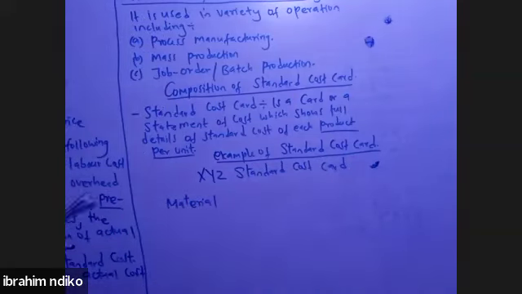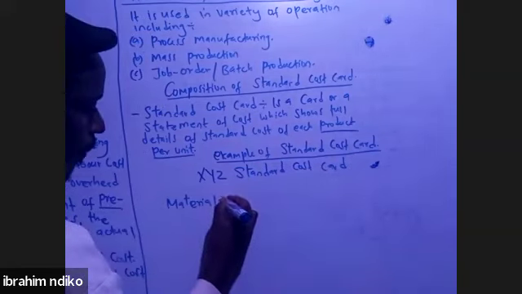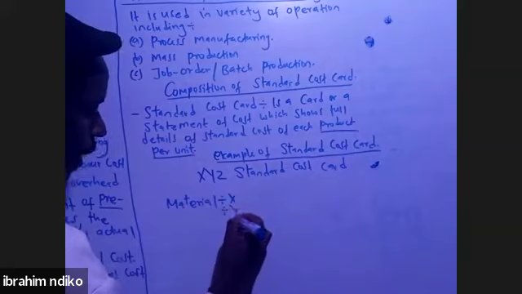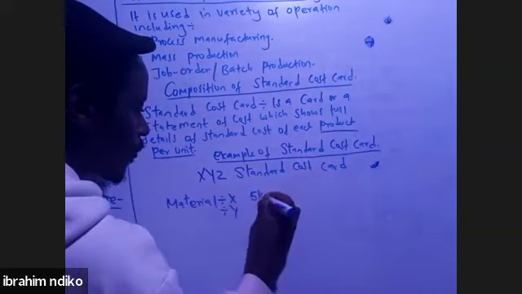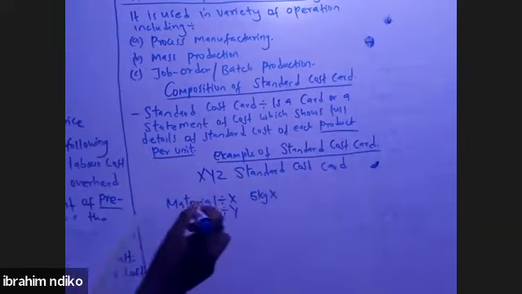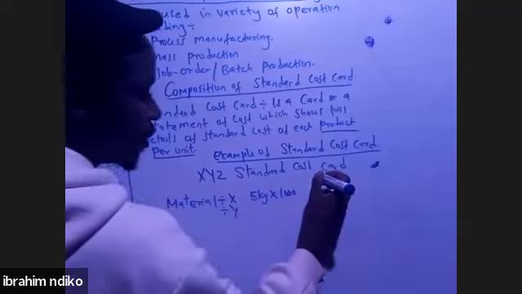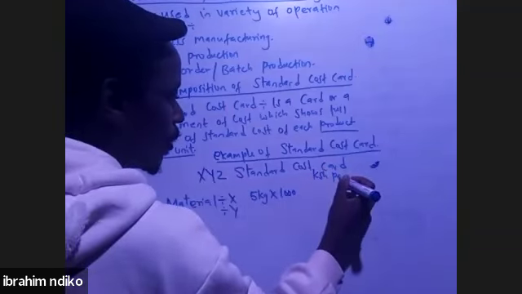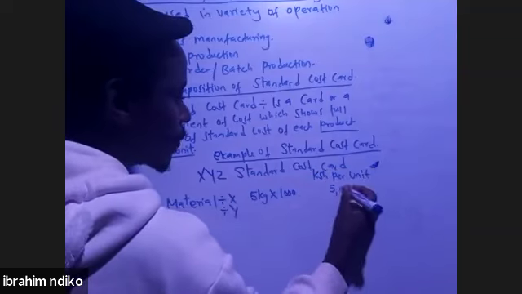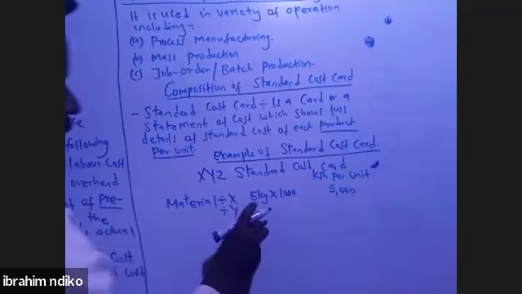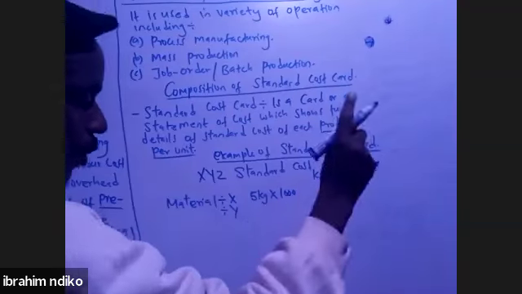You can have material X and maybe material Y. To start with X, for every 5 kg it goes for 1,000 Kenya shillings per unit. So it is 5,000 per unit. So 5 kg at 1,000 is 5,000, but this 1,000 is for 1 unit.